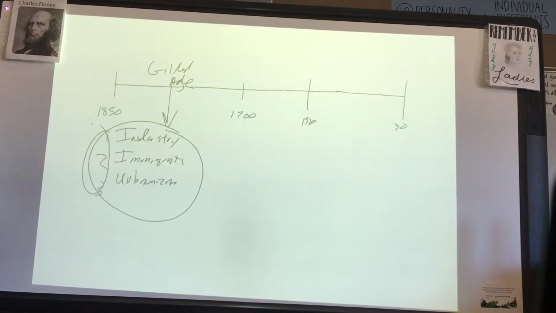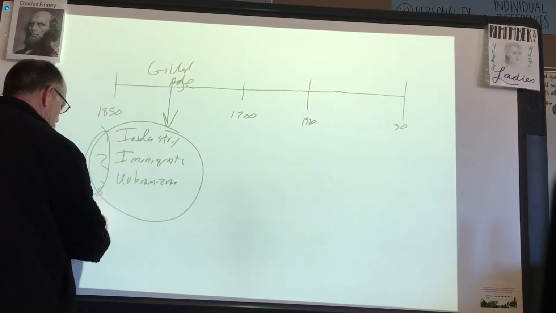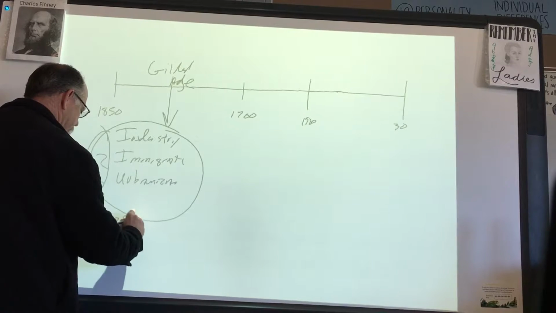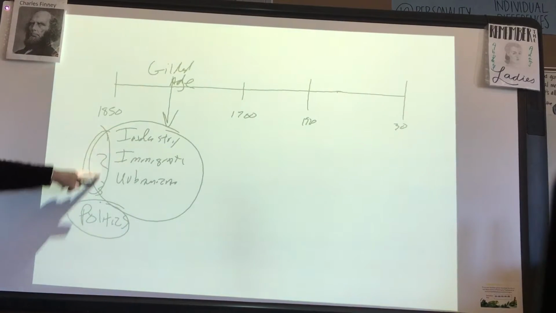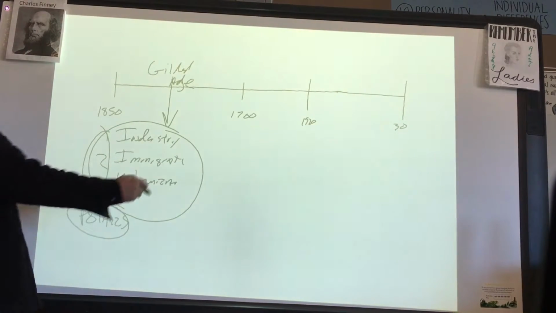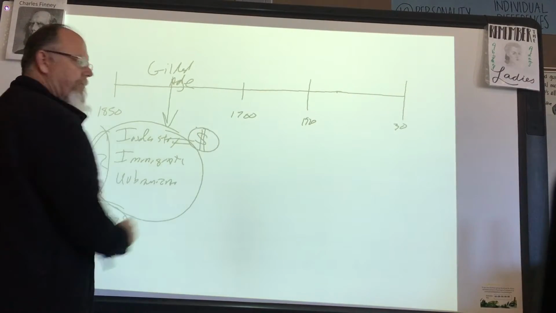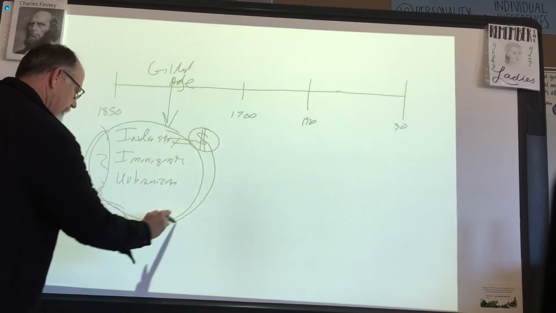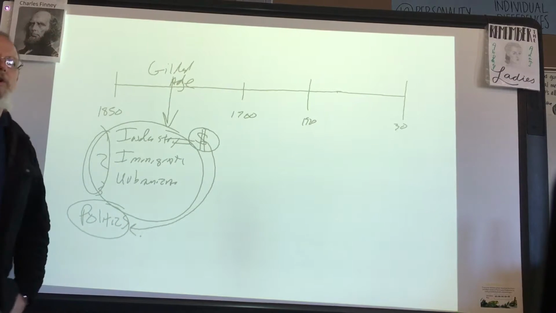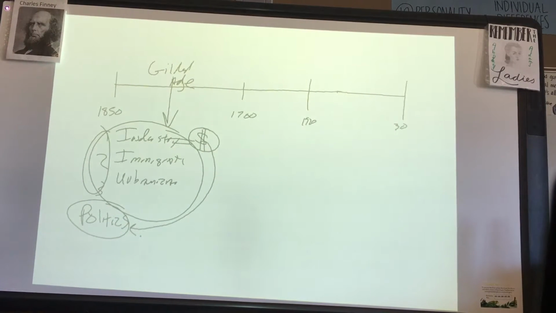All right, what's going on in the Gilded Age? Meanwhile, you're going to get some expansion, but the politics are going to reflect this. Basically, the industry is going to create a massive amount of money, and that's going to be used to control politics. If you have the money, you get the influence in our government.